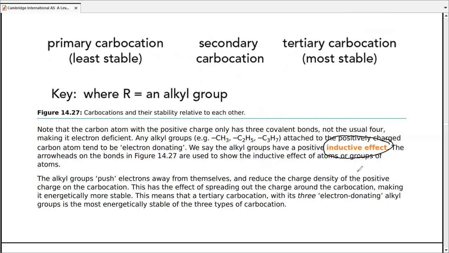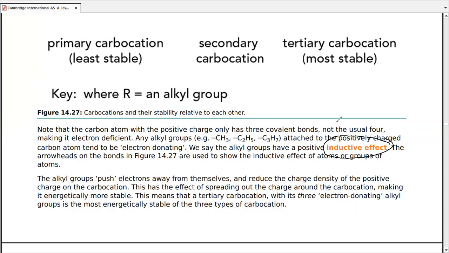The inductive effect is the effect that organic chains usually have because the atom or group of atoms may contain a more electronegative or a less electronegative atom. So the inductive effect would either be positive or negative.